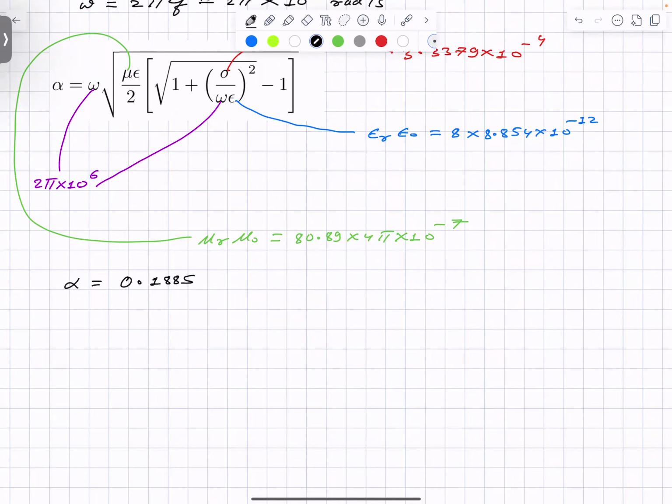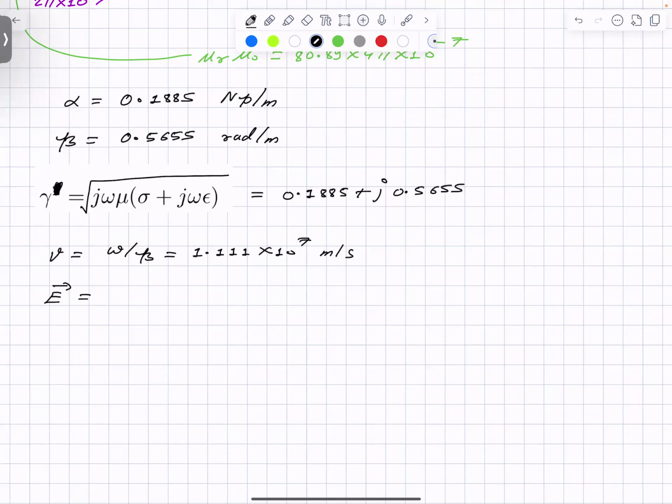Electric field: we found that E naught, the amplitude, is 10, and then we have e to the minus alpha x, 0.1885 x, and then cosine of omega t, where omega is 2 pi 10 to the 6, minus beta x, 0.5655 x, and the field is in the y direction, and this is in volts per meter.